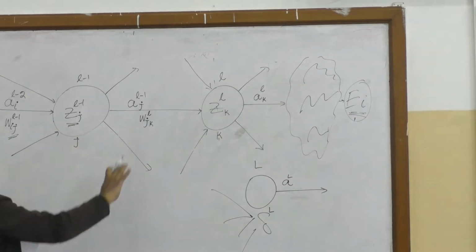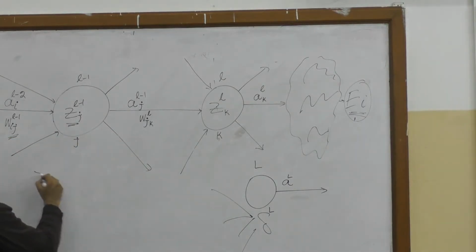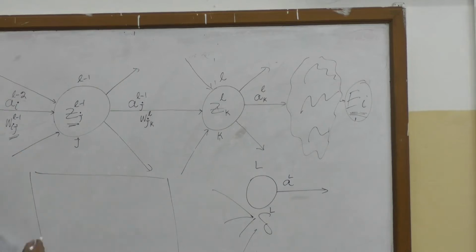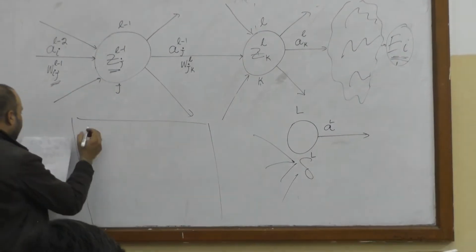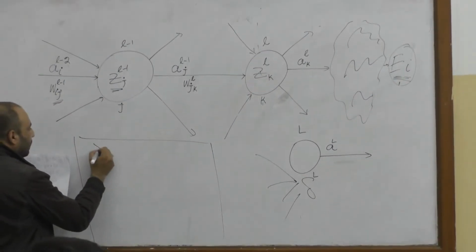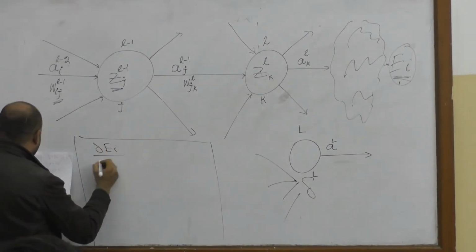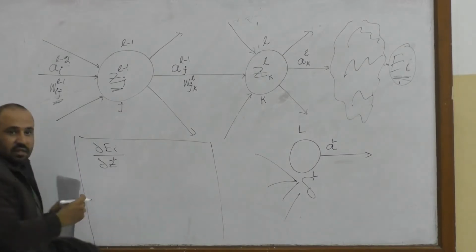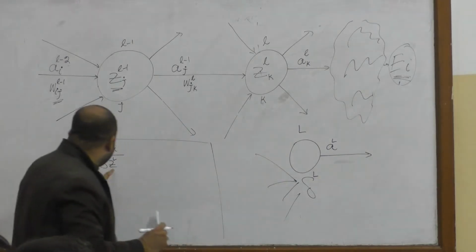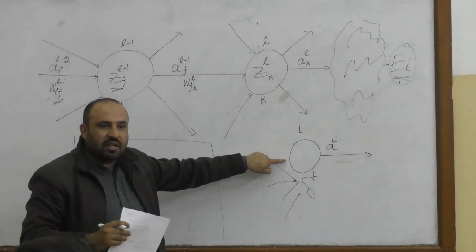I'm not erasing this. I may need this further. So this delta L, the last thing, is actually partial E_i over partial ZL. I'm not writing a subscript on ZL because there is only one node in the last layer.